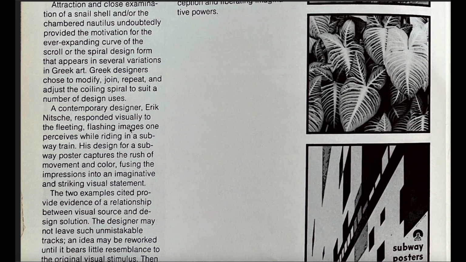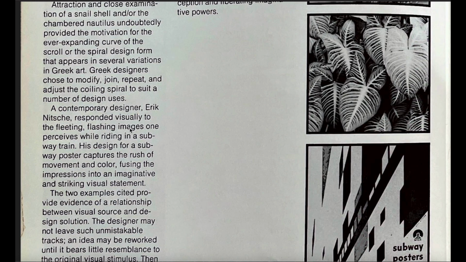So we gather from the world these images that can nourish our internal vision. And then we set that internal vision to a new rhythm, and through that we're able to create these design solutions. The idea may be reworked until it bears little resemblance to the original visual stimulus.